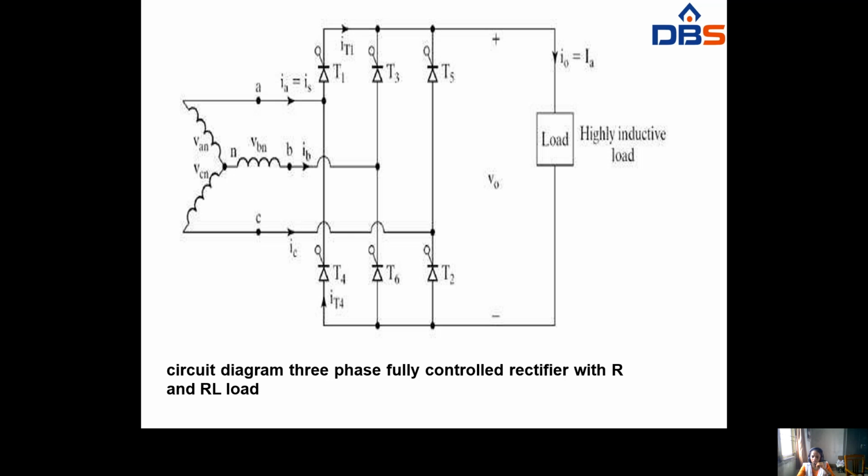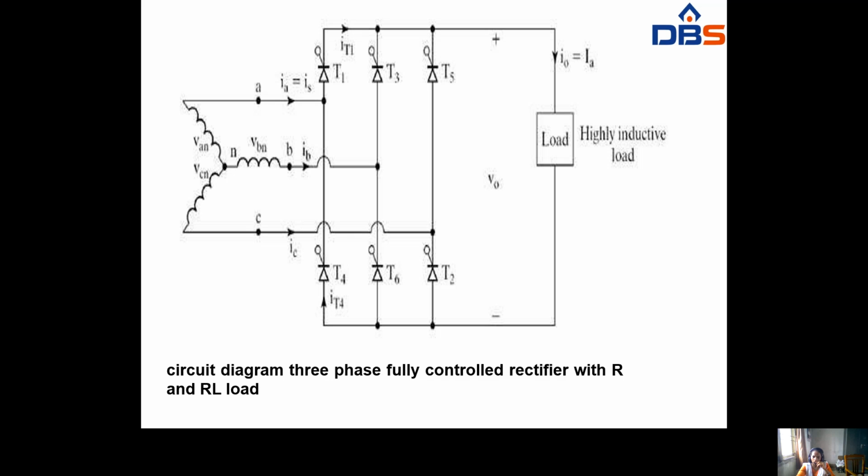T1, T3, T5 will conduct for high voltages, and T2, T4, T6 will conduct for low voltages. The thyristors T1, T3, T5 will be placed like this, and T2, T4, T6 like this, and here we are using the load, that is R load and RL load.